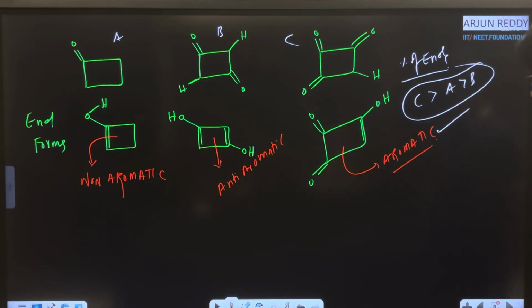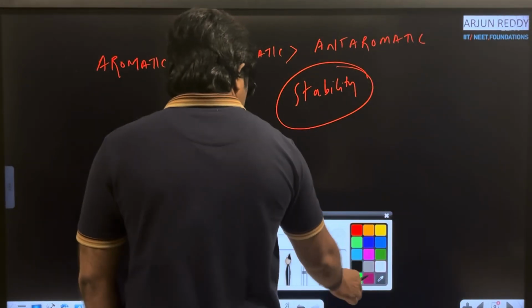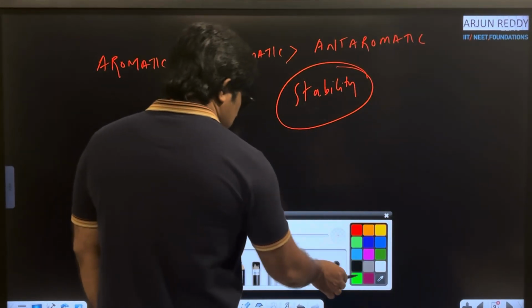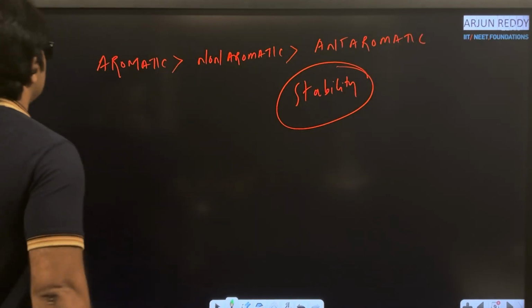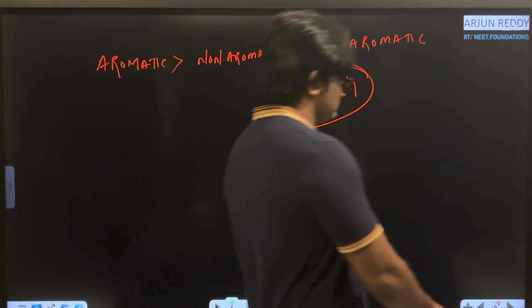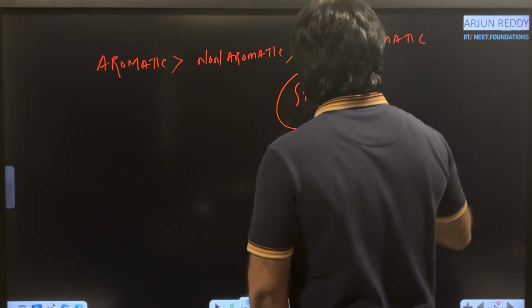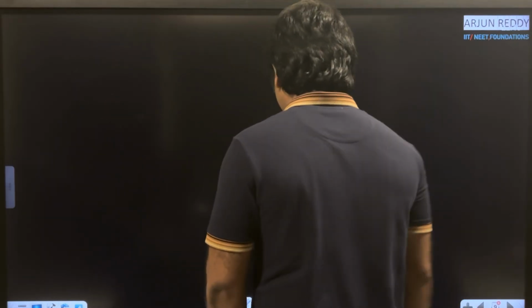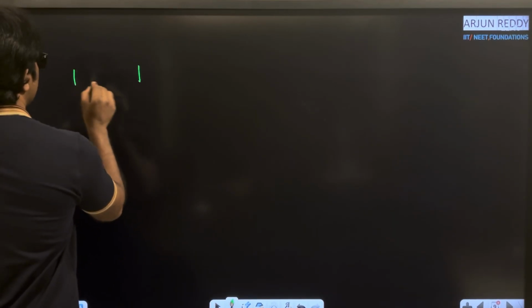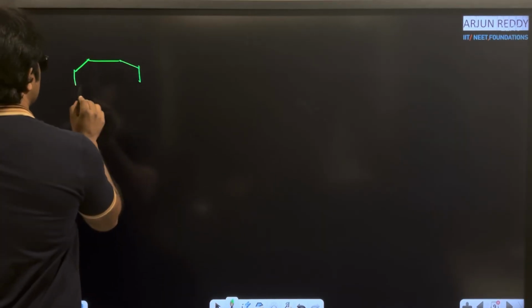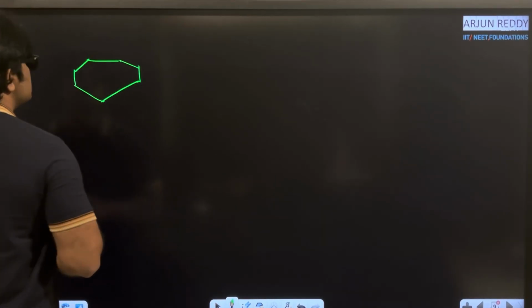Okay. Next example. Come to the next example. Here I am taking a 7-member ring system.